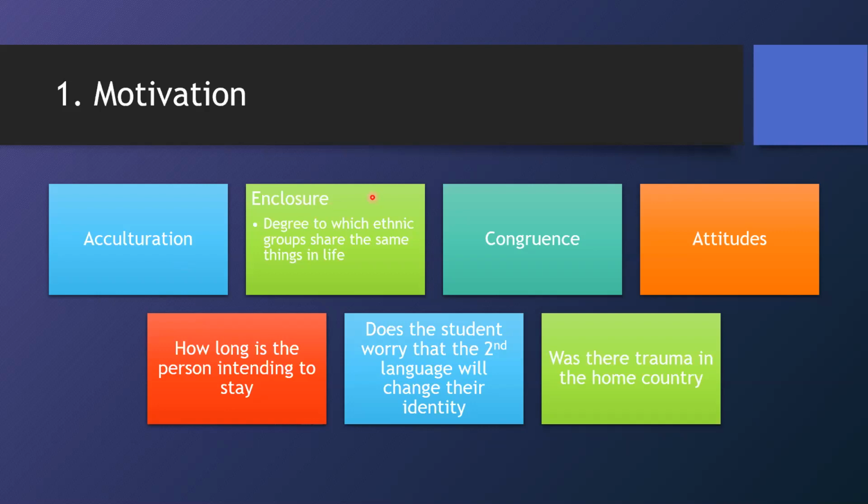So, like I said, when I was growing up, we lived in Key West for a time, and Florida has a high density of Cuban American folks. And so there is a reasonable degree of enclosure there.